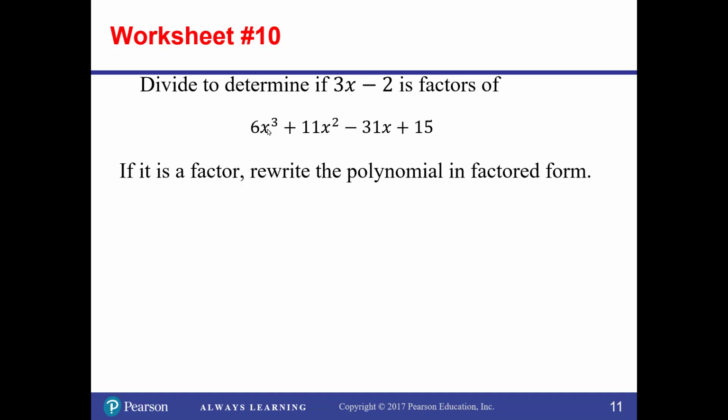So you want to take 6x cubed and see how many times this 3x divides into it. In either case, if it is a divisor, then try to rewrite your polynomial in factored form now that you have a factor. All right, so take a moment on that and then come back when you're finished.